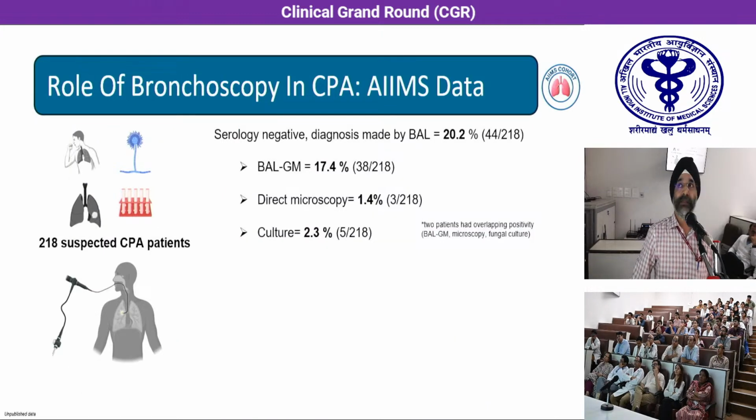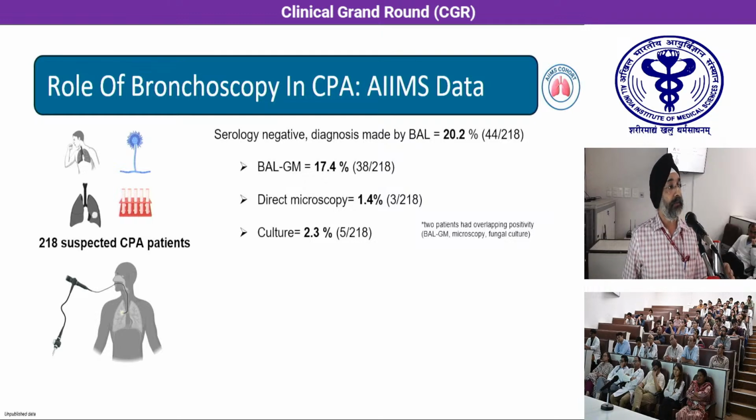Role of bronchoscopy in CPA patients. As Dr. Subi had also mentioned in the algorithm, if there is very high suspicion of CPA but the patient is seronegative, BAL galactomannan might really contribute.